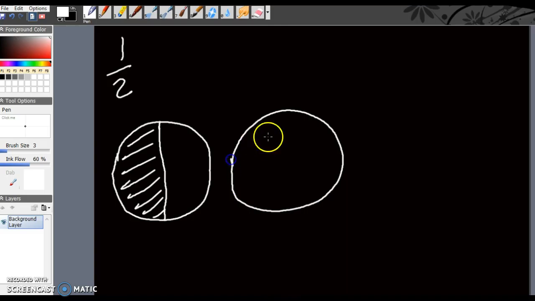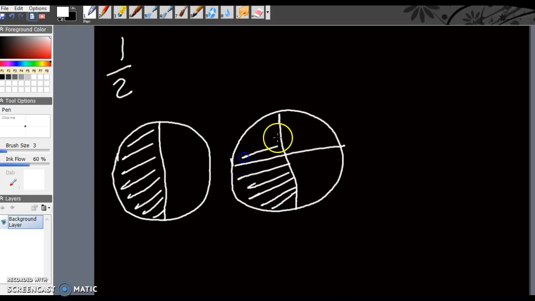But since I have the same exact pizza pie, and this time I decided to cut it into fourths instead of halves, this time I'm eating 2 of 4 pieces, or 2/4.